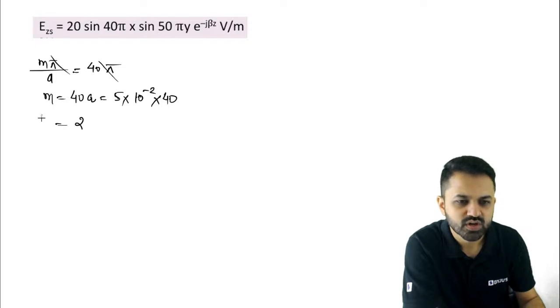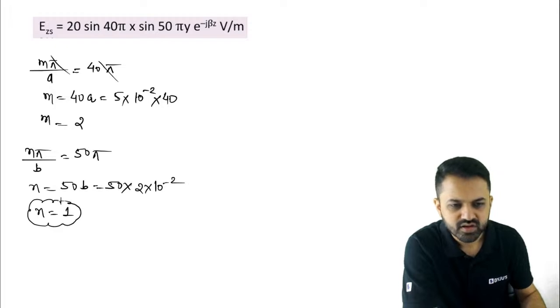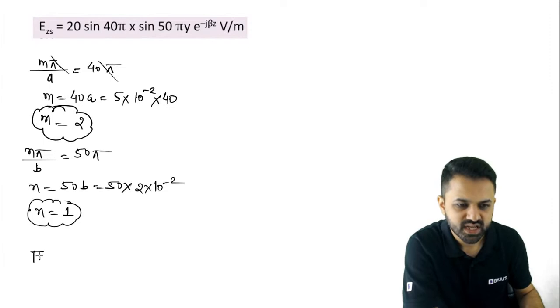So m equals 2, and n pi by b equals 50, so n equals 50 into b, b is 2 centimeter, so 2 into 10 to the power minus 2. So n equals 1. So you are getting n equal to 1 and m equal to 2. That means TM 2-1 mode.